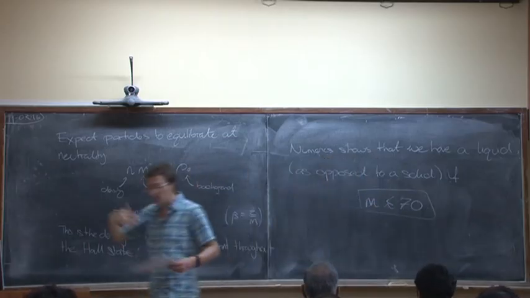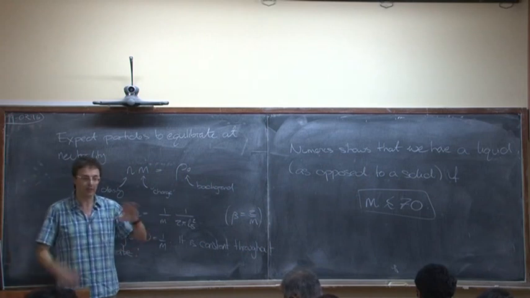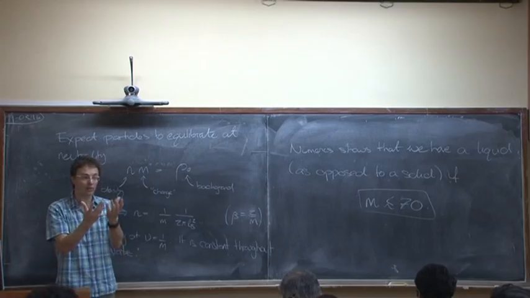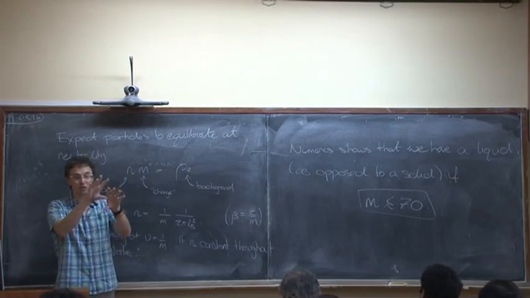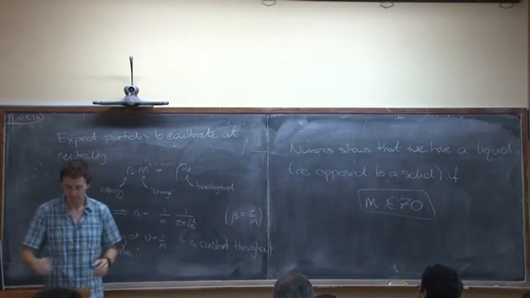Which means that for all the Laughlin states we're interested in, m equals 3, m equals 5, we're clearly in the plasma liquid phase, not the solid phase, and this Laughlin wave function is describing correlations between objects that are like a liquid rather than like a solid.